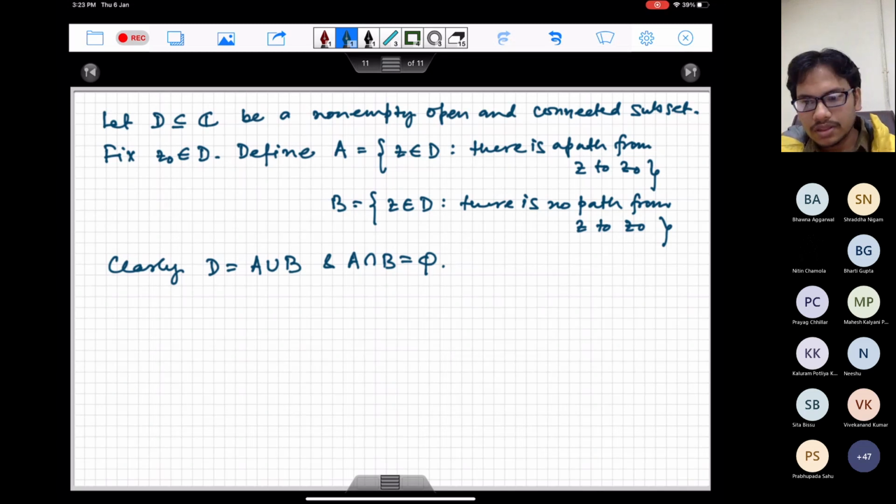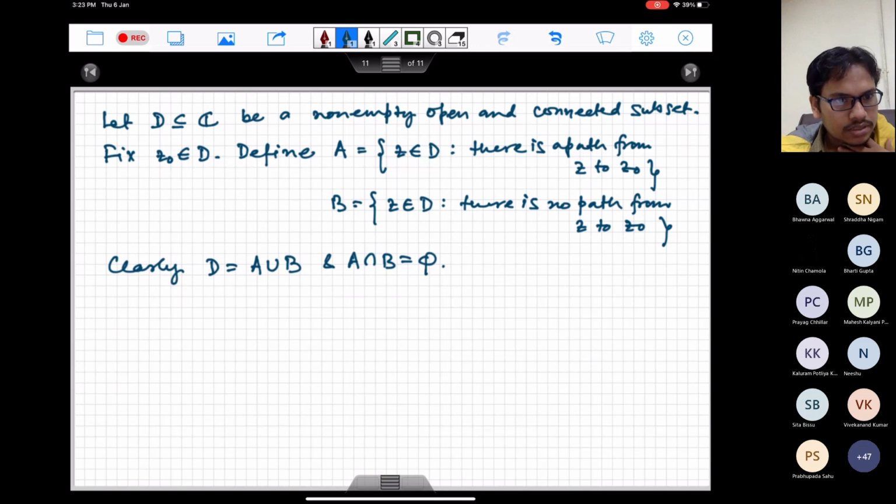Sir, if we show that B is empty, then it is enough. Yeah, if you are saying this is enough, that's true. But I am asking, suppose I show D is equal to A, how does that complete my proof? Then there is a path between Z and Z naught. But Z can be any point.